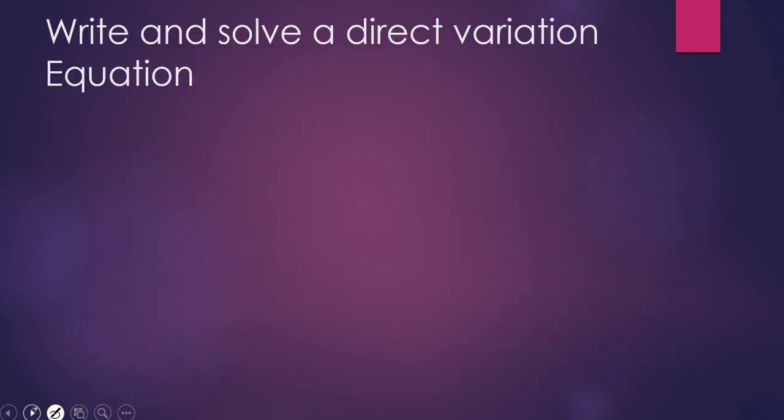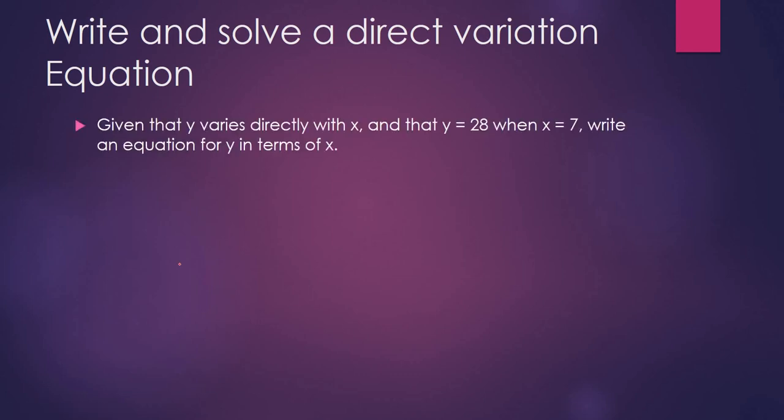The other thing we're going to do is to write and solve direct variation equations. So if I give you this information, that y varies directly with x, when I see this in a statement, I know that I'm going to use this model. So y varies directly with x, and I am given this ordered pair, y equals 28 when x equals 7.